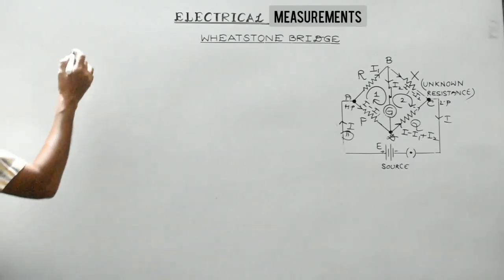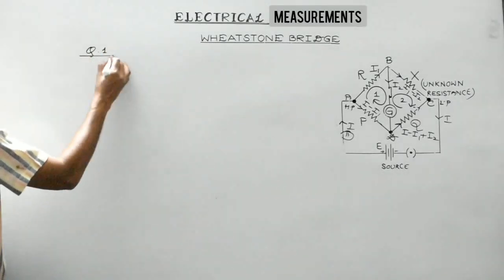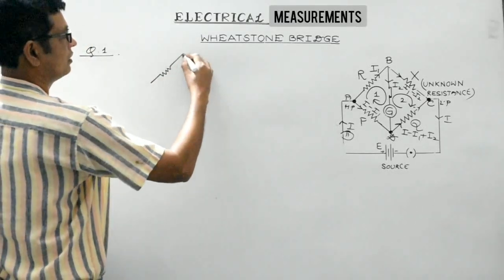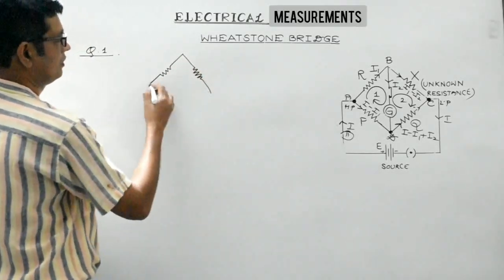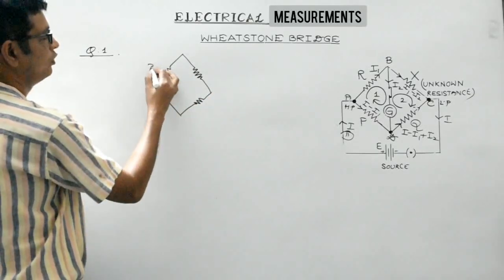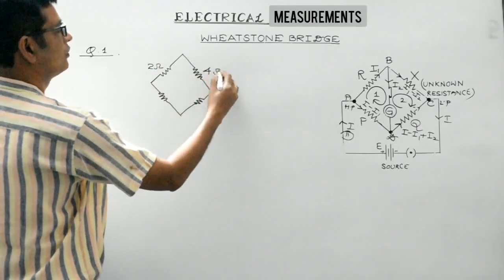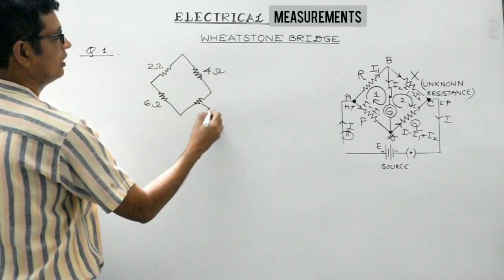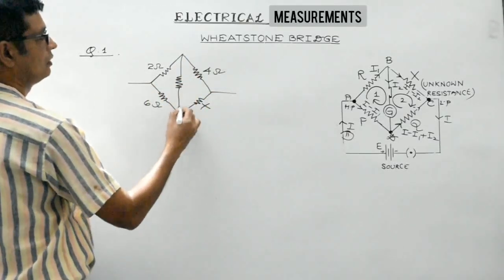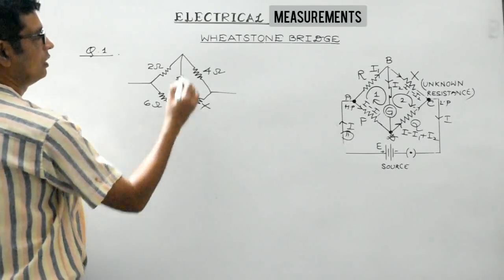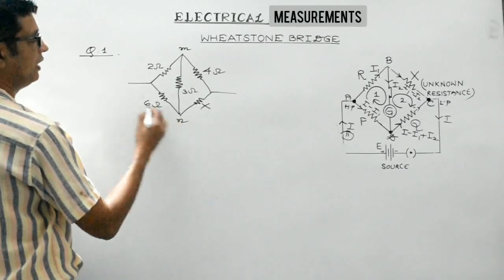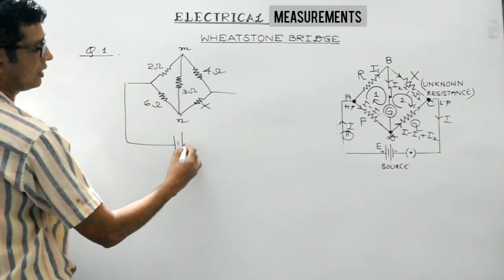So let's consider the first question. Suppose a bridge is given like this. The value of this resistance is 2 ohm, this is 4 ohm, this is 6 ohm, and this is suppose X. And let us consider this to be 3 ohm. And this is point M and this is point N. And a source is connected like this.